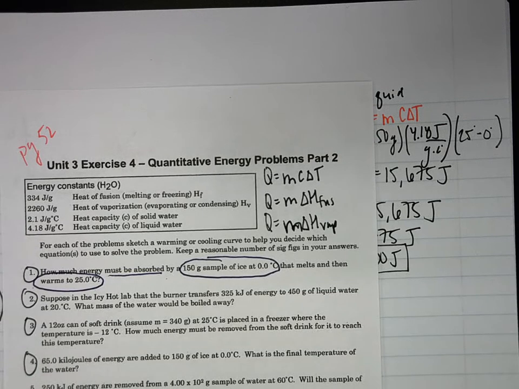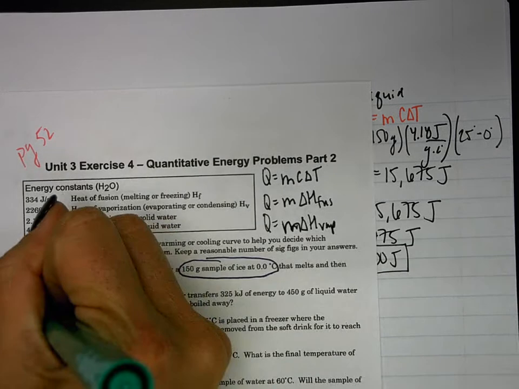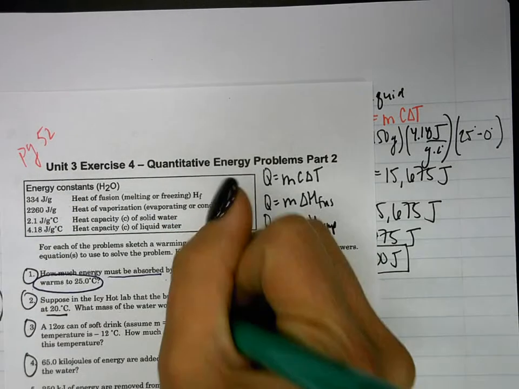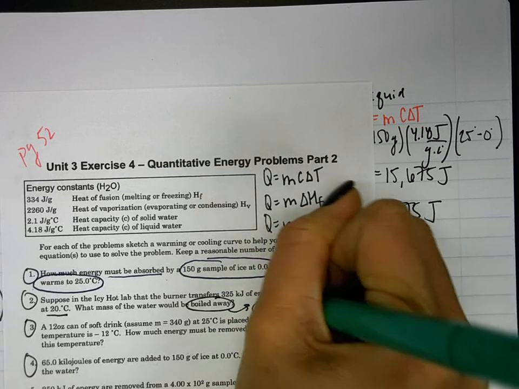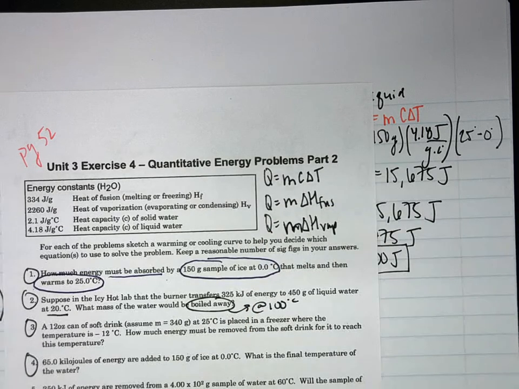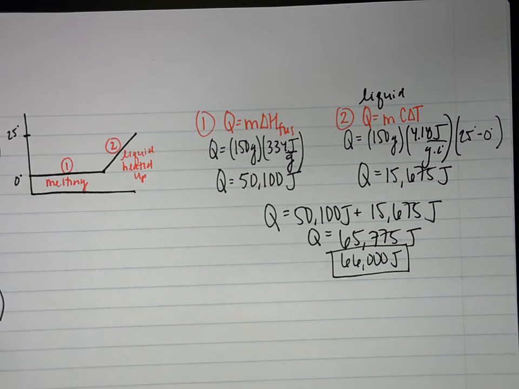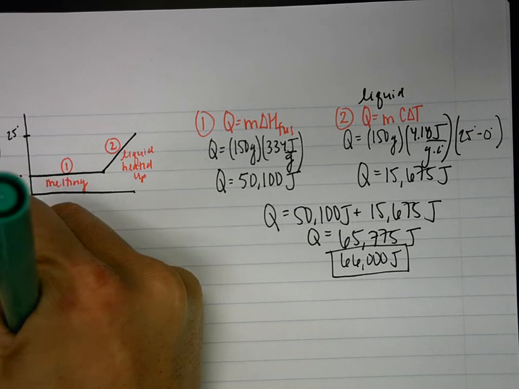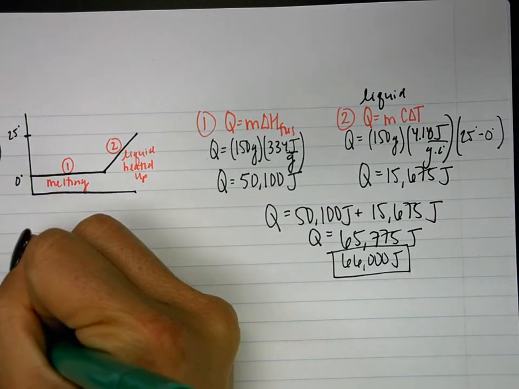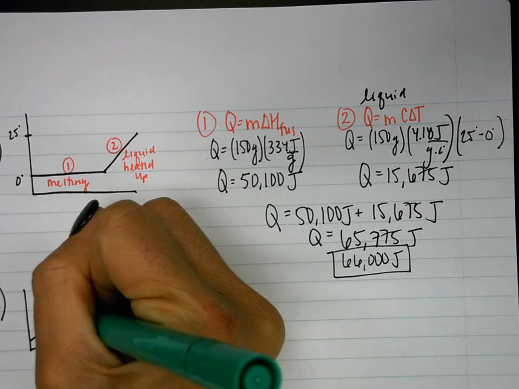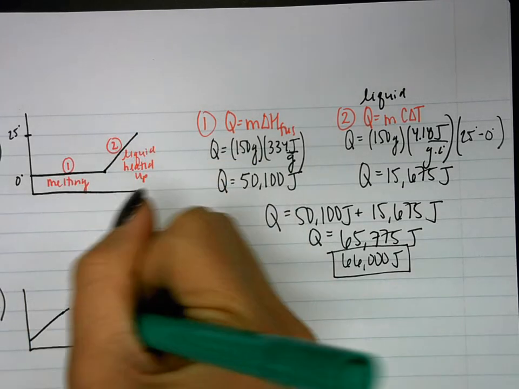We're at 20 degrees Celsius, and we should know water boils at 100 degrees Celsius. So we're going to do another heating curve to help visualize. Our liquid water is being heated, and then it's going to boil.